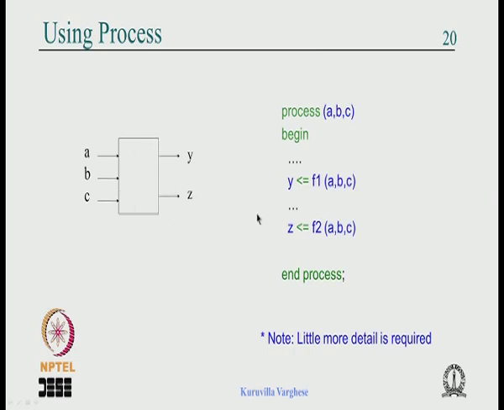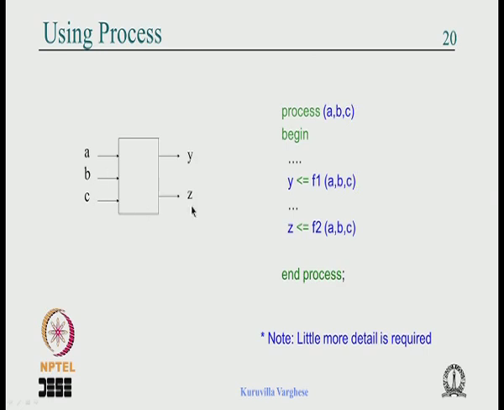It is very simple. You write process and within the sensitivity list write the inputs A, B and C, and say begin, and using if or case or for or a mixture of these, you write the behavior of the circuit and assign the output, then you implement this circuit.